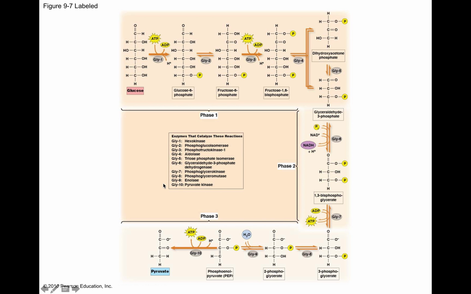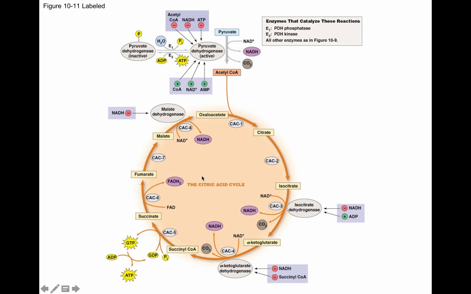Okay. We talked about different metabolic pathways. We talked about examples of breaking down carbohydrates, glucose as an example, and we talked about glycolysis and all the intermediate steps, all the enzymes from those intermediate steps.